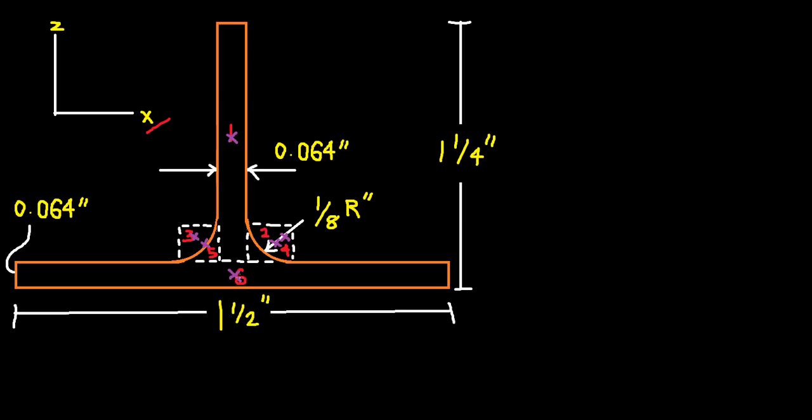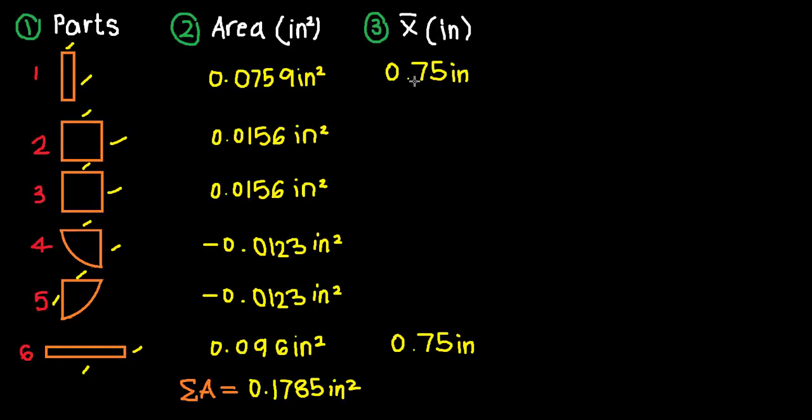For the first and sixth shape, their centers are the same. So if we come from the left-hand side, going to the right, we can see that they're both around the same position away from the left side. Since they're at the center, and since we know the length of the sixth shape, simply by dividing 1 and 1/2 by 2 we can get our position, which is 0.75 inches each.